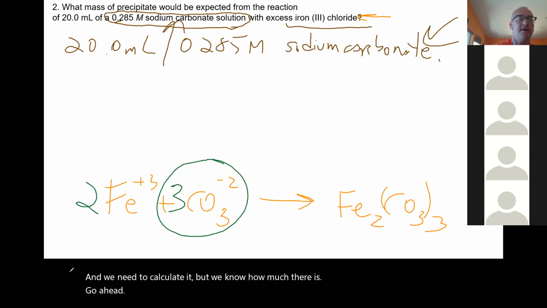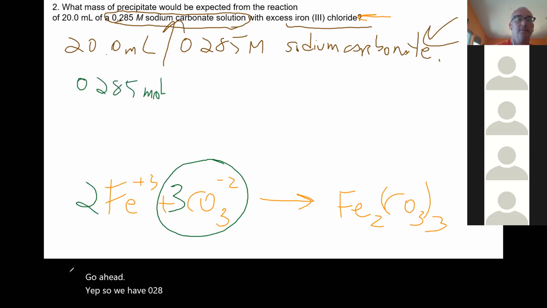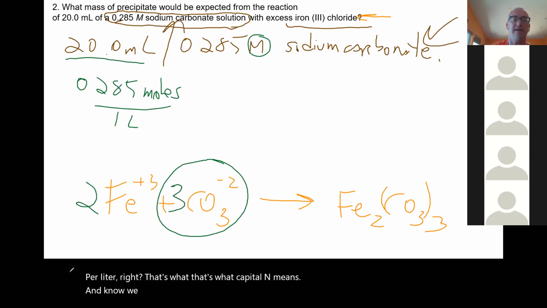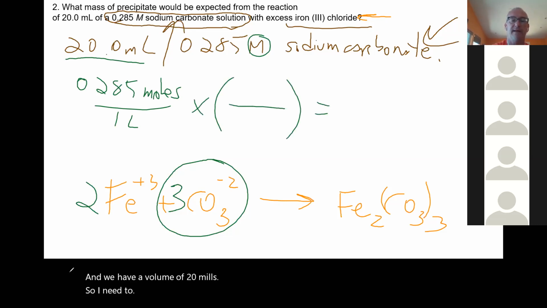So we know we have 0.285 moles per liter, right? That's what capital M means. And we know we have a volume of 20 mils. So I need to multiply my concentration by something to give me moles.